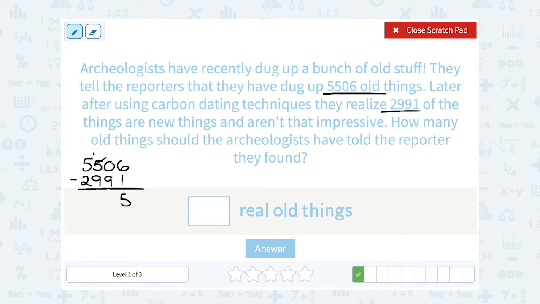Let's make this a 4, and we'll borrow the 1. So 10 minus 9 is 1. We have to borrow again. Okay, so let's make this a 4, and now we're going to think of that as a 14. 14 minus 9 is 5, and 4 minus 2 is 2. So of those old things, or of all the things they dug up, 2,515 of them were actually old things.